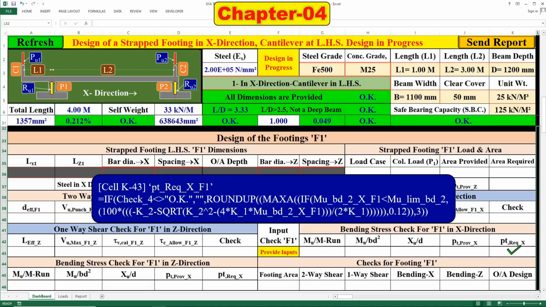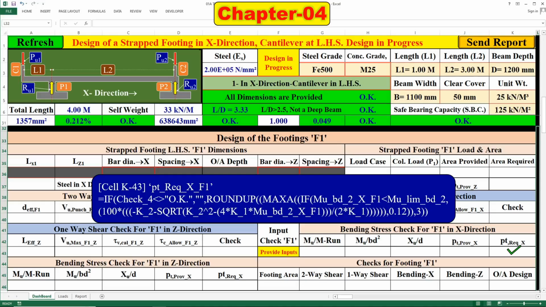If it finds the logic to be true, it calculates the steel percentage using the quadratic equation, 100 times negative k_2, minus the square root of k_2 squared minus 4 times k_1 times mu_bd_2_x_f1, with the entire numerator divided by 2 times k_1.